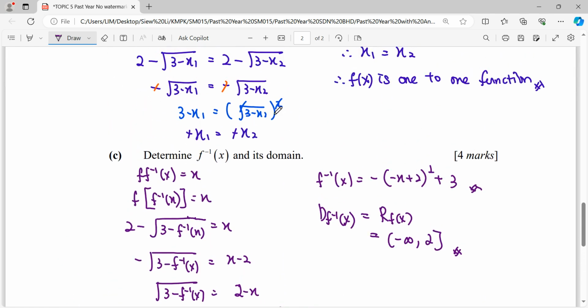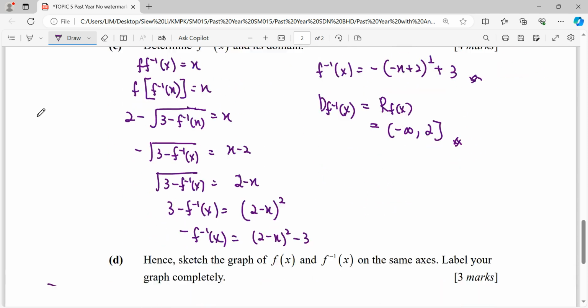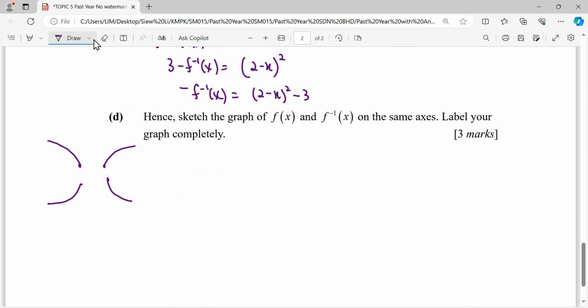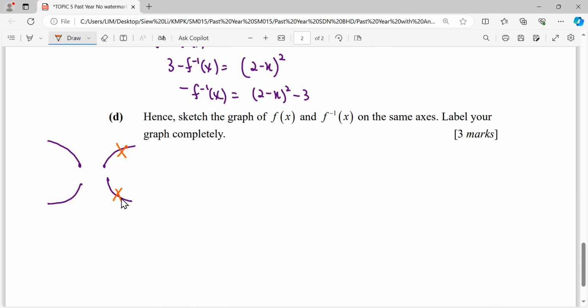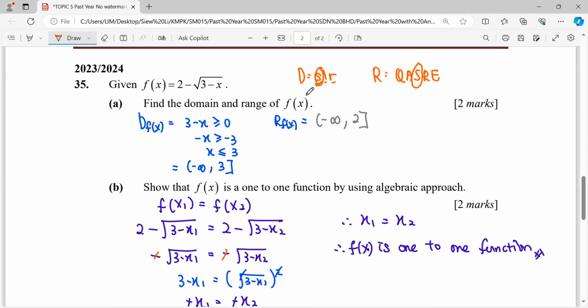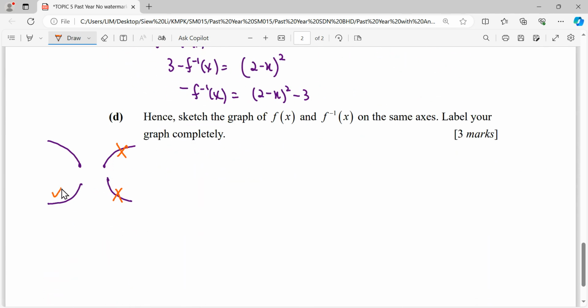So for the first part, when we look at the domain, we know this is going to the left hand side because you can see negative infinity to 3. So going left, which means our basic graph is not this one. Then by referring to the range here, 2 to negative infinity, going down. So it's going down, it's not shooting up.